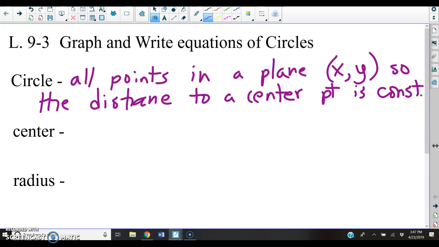Okay? Does that make sense? All the points in a plane that are equidistant, the same distance from a center point.